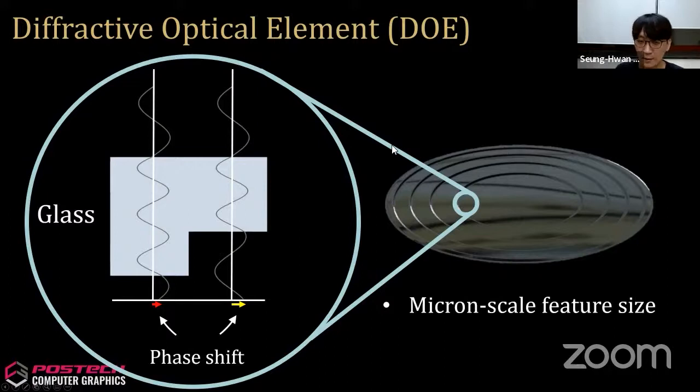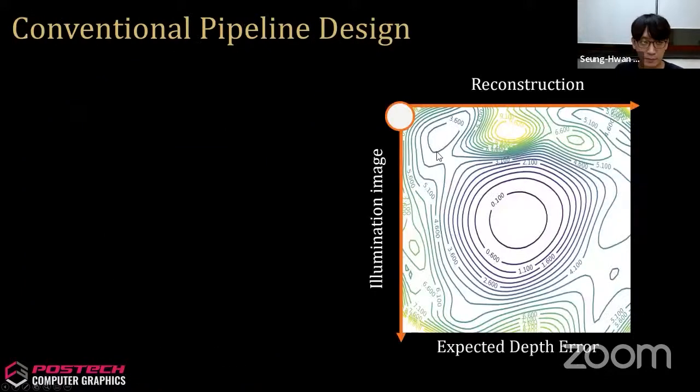This glass has a micrometer pixel pitch, with thickness also in the micrometer to millimeter order, that generates certain phase shifts for different light waves. How we fabricate or determine the micron-scale thicknesses of this glass slab is going to dictate the illumination pattern of the structured illumination module.